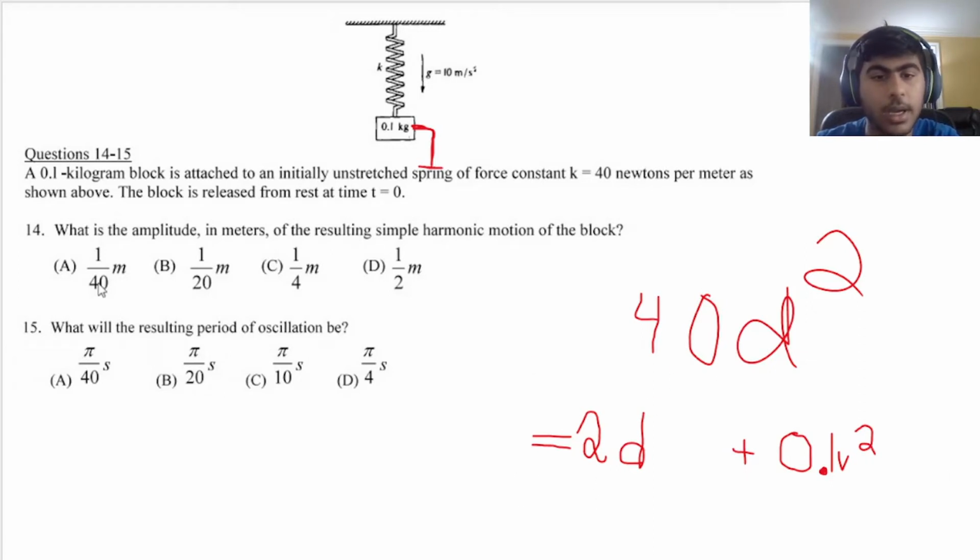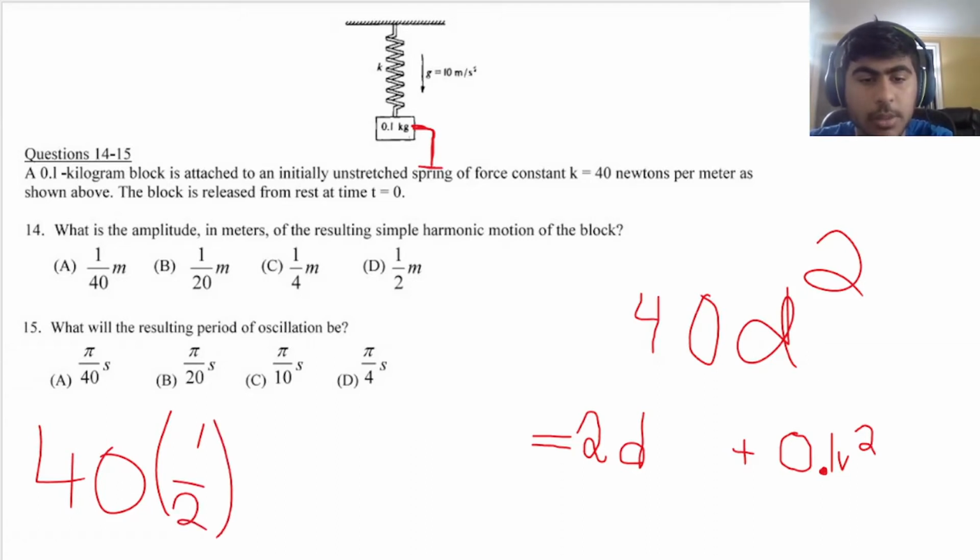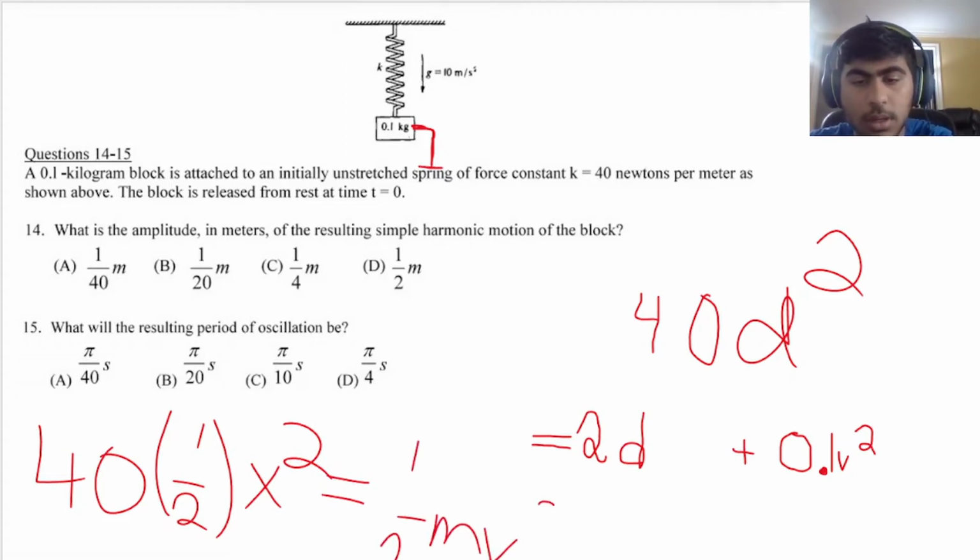Now, what we can do is take this k equals 40 newtons per meter, times 1/2 times displacement squared, and set that equal to 1/2 mv squared. Now, this works not only when you're going down, when you have to add this 2d, but even when you have to subtract d.